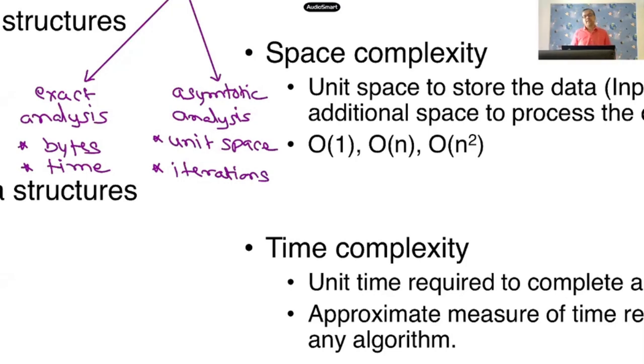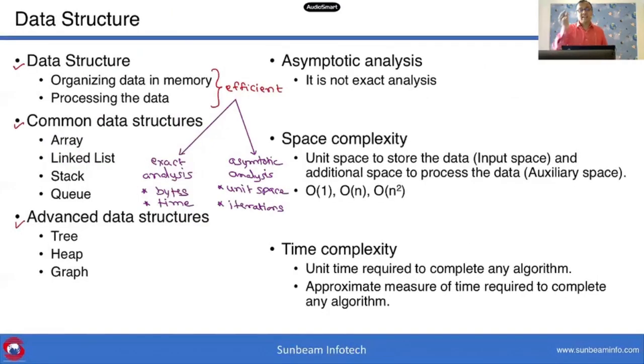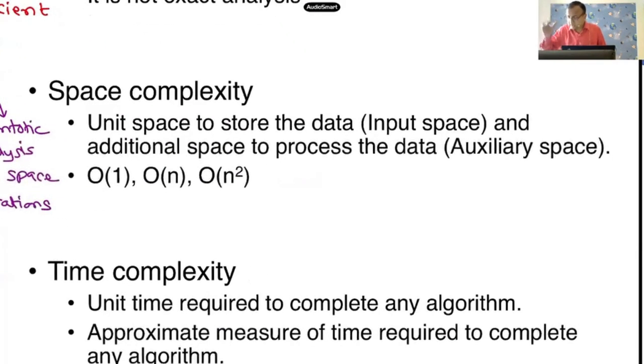So we have exact analysis and asymptotic analysis. You need to understand that when it comes to data structures, we always discuss asymptotic analysis, and we do not discuss exact analysis. So, sir, what exactly is asymptotic analysis and how does it go? Let us take a look.